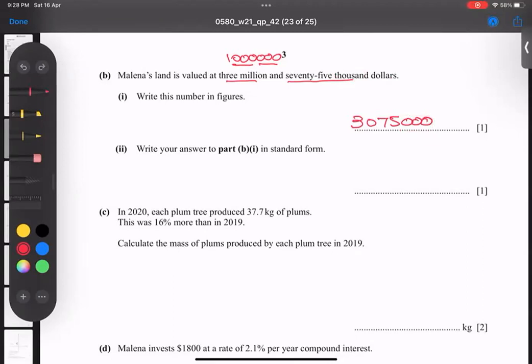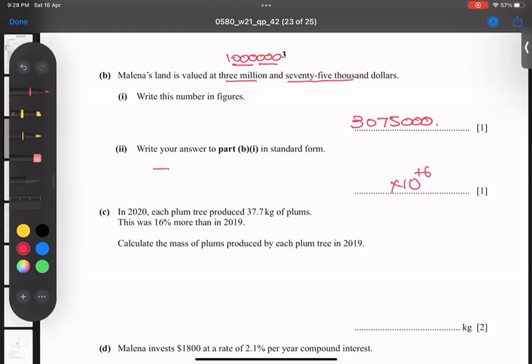Second is saying standard form. So convert to standard form. And where is the decimal of this number? If you can't see it at the end, always make sure. So the decimal is here actually. It should go one digit after. So how many jumps? 1, 2, 3, 4, 5, 6 jumps. 6 jumps means 10 to the power plus 6.